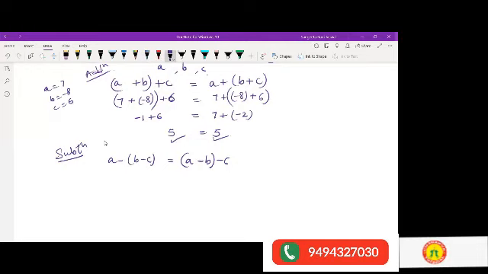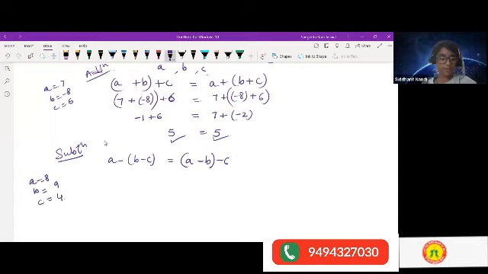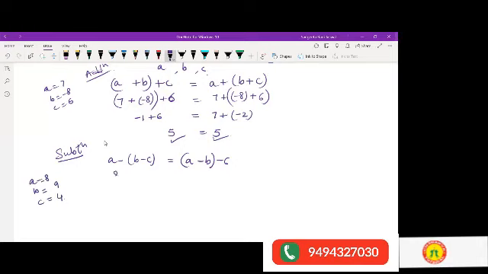Just try this. We take an example, let A be 8, B be 9, and C is 4. So we write here 8 minus 9 minus 4, and here also we write 8 minus 9 minus 4.